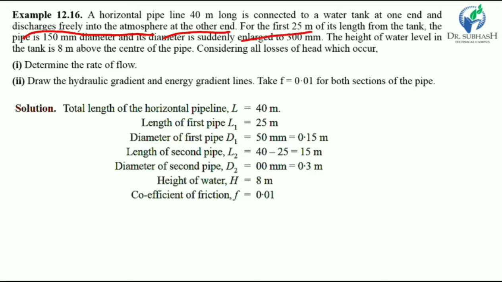For the first 25 meters of its length from the tank, the pipe is 150 mm in diameter. Then its diameter is suddenly enlarged after 25 meters from the tank joint. It is enlarged to 300 mm diameter.